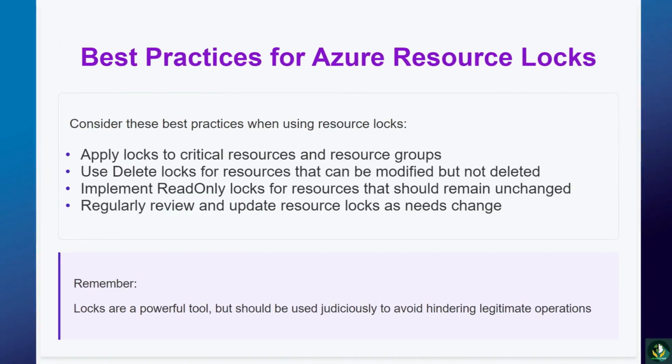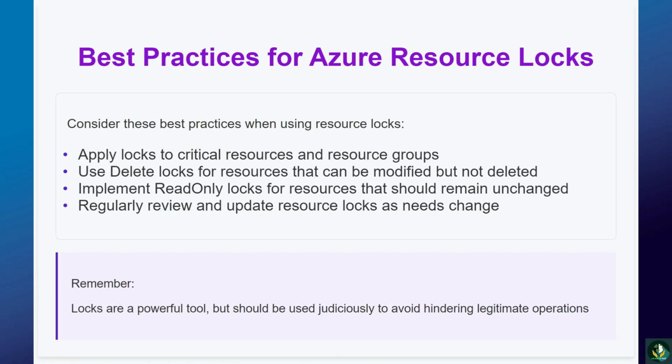Implementing Azure resource locks effectively requires careful consideration and planning. By following best practices, you can ensure that your critical resources are protected without hindering legitimate operations. Here are some key recommendations for using resource locks in your Azure environment. First and foremost, it's crucial to apply locks to your most critical resources and resource groups.